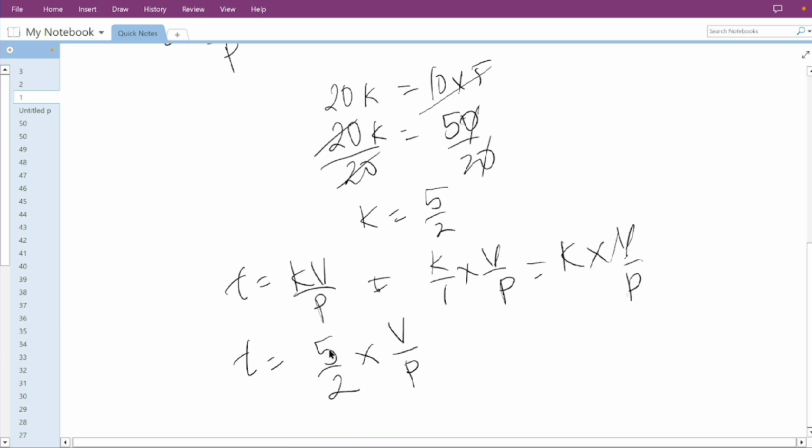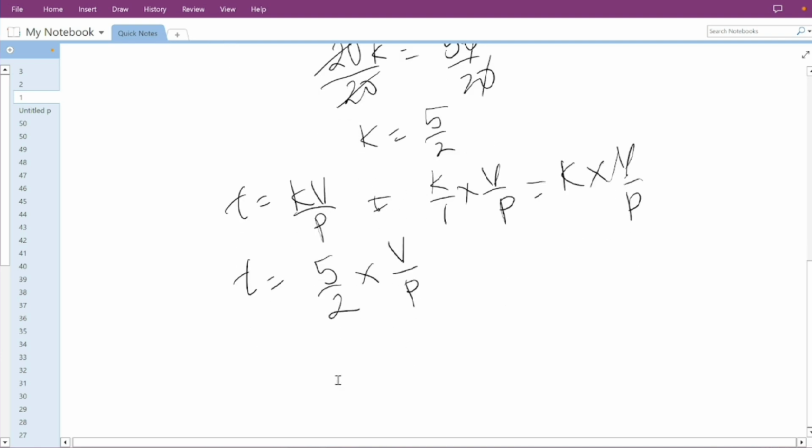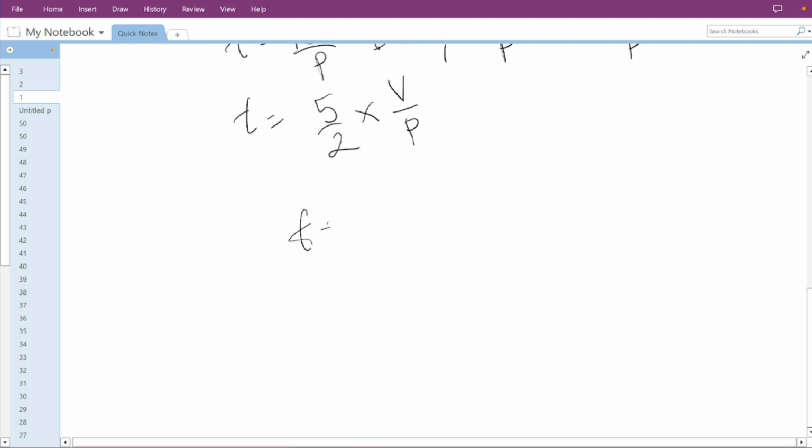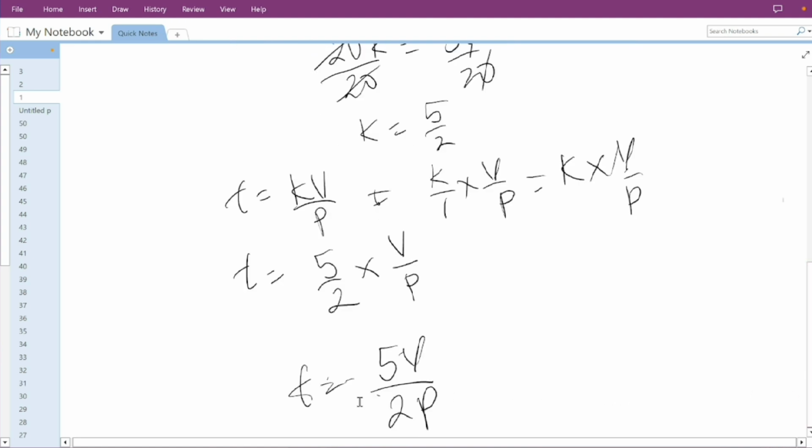So our T equals 5 times V is 5V over 2 times P is 2P. Therefore, the relationship between T, V, and P is T equals 5V over 2P. That's the answer to our first question.